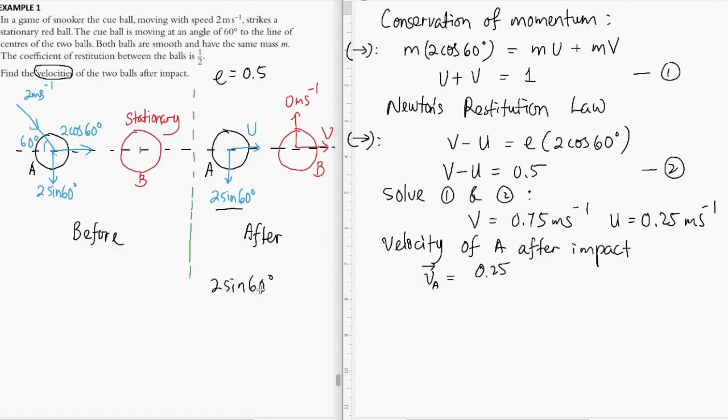Now 2 sin 60 is basically root 3, since sin 60 is root 3 over 2. So here we get root 3.